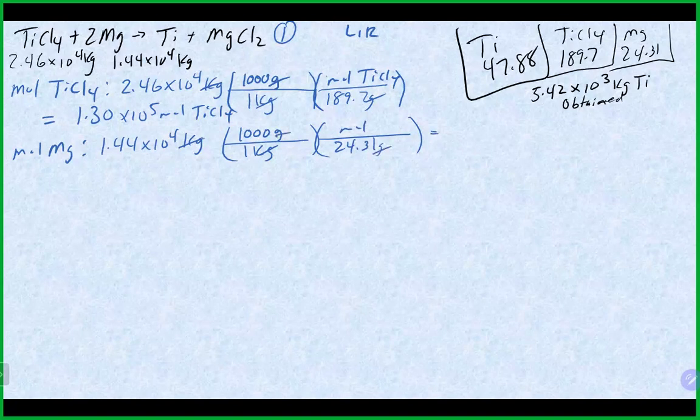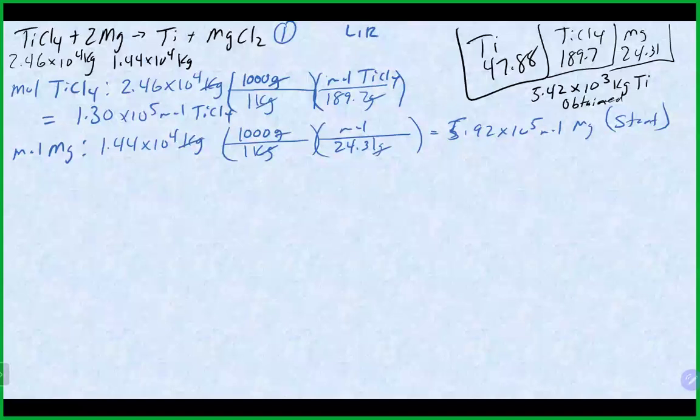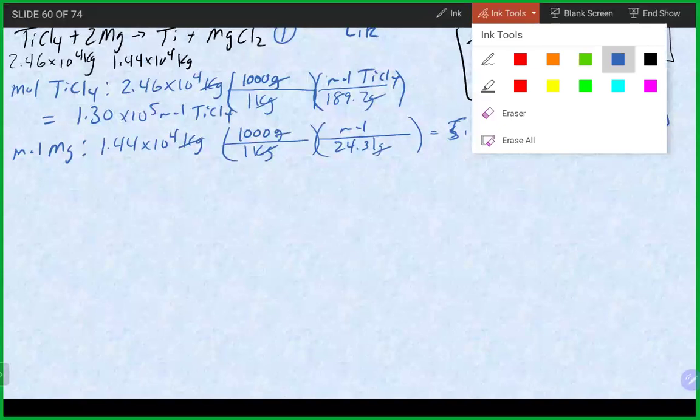Grams will cancel. 1.44 times 10 to the 4th times 1,000 divided by 24.31 gets us 5.92 times 10 to the 5th here. And once again, these are your starting amounts of each of these. Any questions so far?